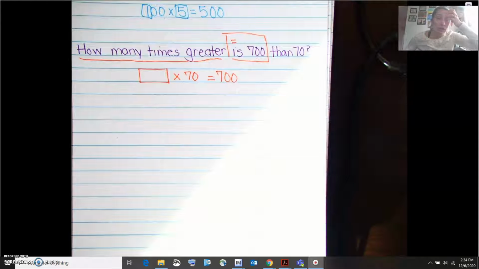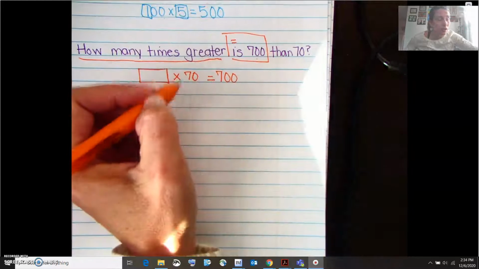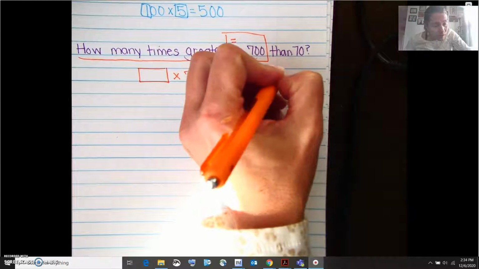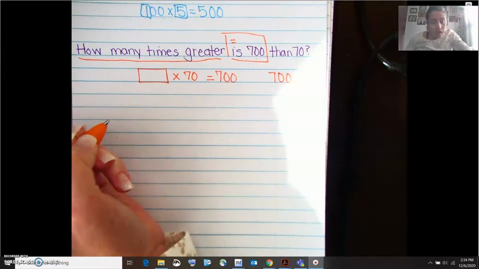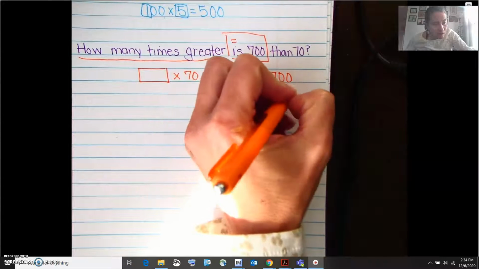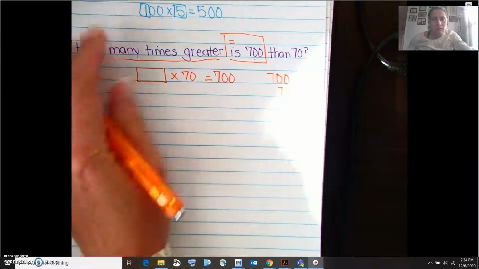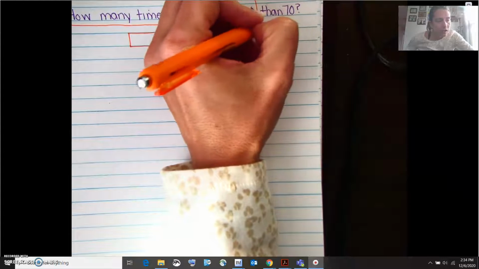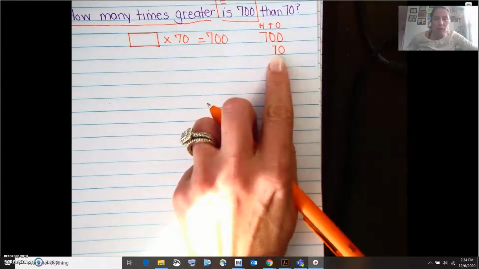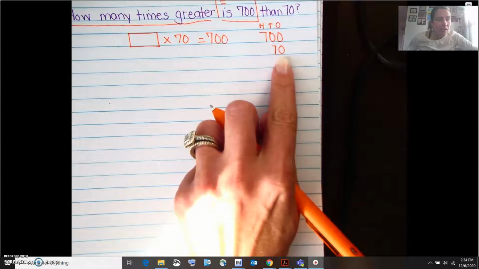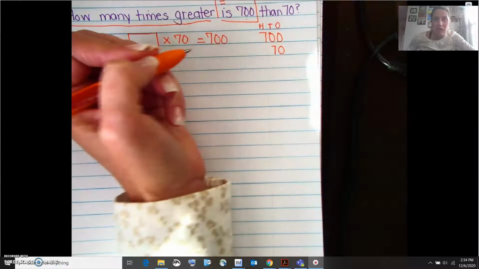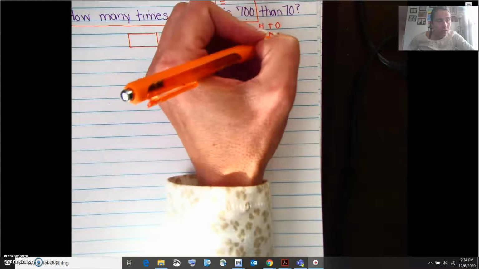Now with this one, it's that trick that we talked about. So if we line up our 700 and our 70, we have our ones, we have our tens, we have our hundreds, we need to bring this 7 over. How many spots do we have to do it? How many extra zeros do we have?